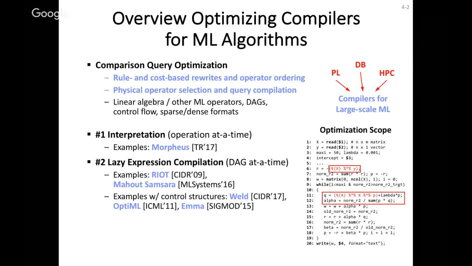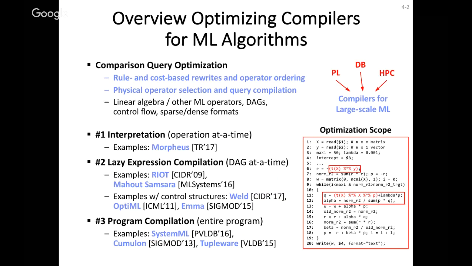So we have Sebastian here for Mahout Samsara, for example, where you lazily collect a DAG of operations, and triggering actions such as a write or a sum then forces to optimize and execute this entire sub-DAG. Yet other systems, such as SystemML, try to take the entire program and compile it down to efficient runtime plans with the scope of the entire program and the entire knowledge of all operations across the entire program.